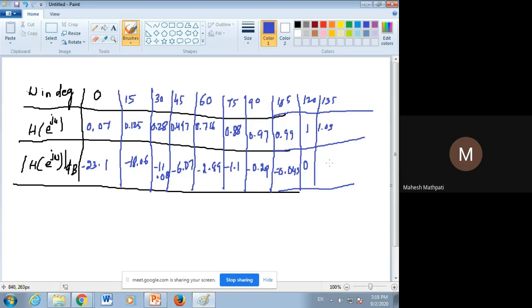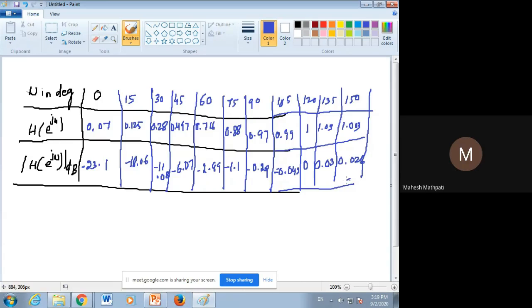Then 0.025, so we will take it as 0.3. Then at 150, we have again 1.003, and the dB value is 0.026.